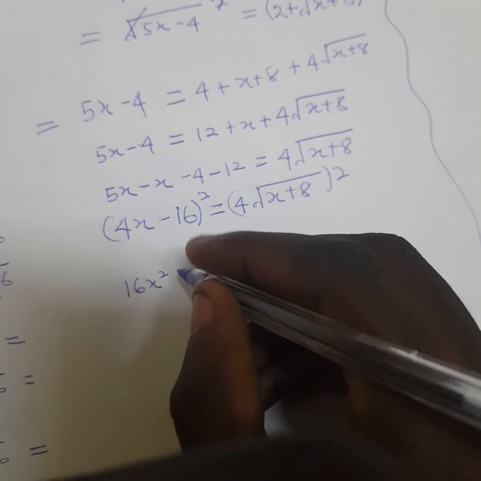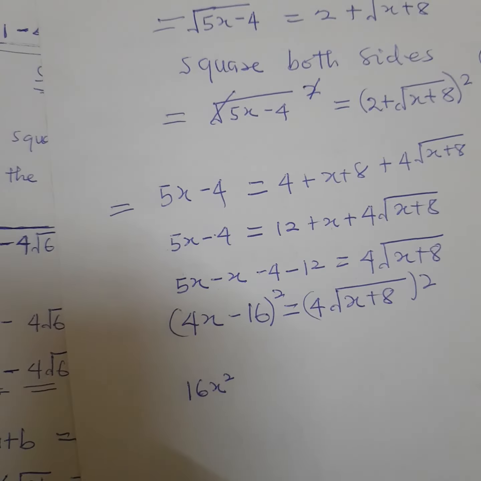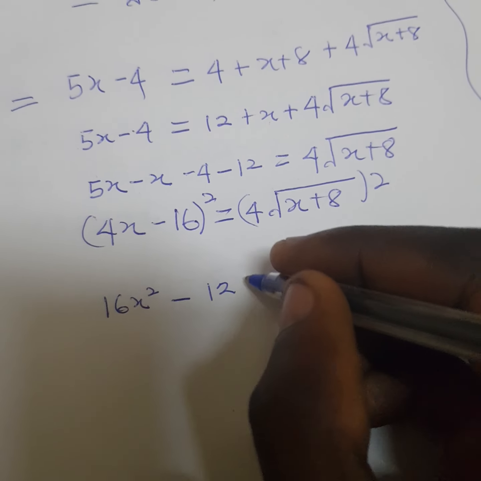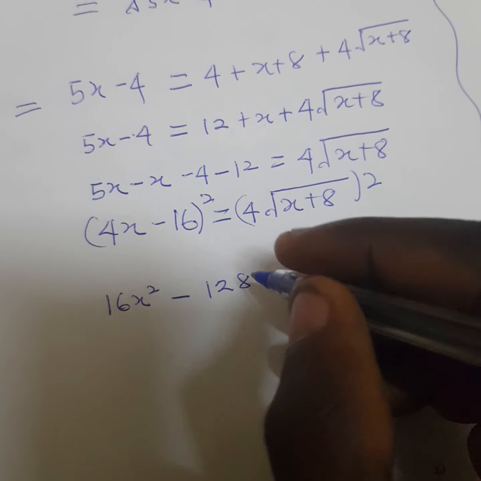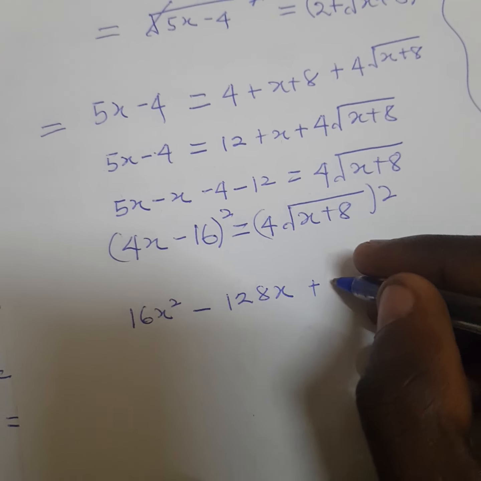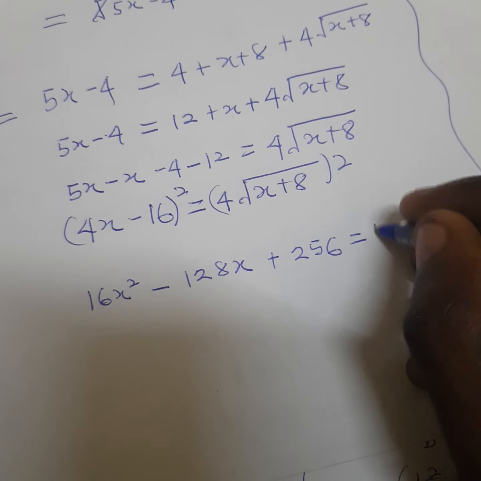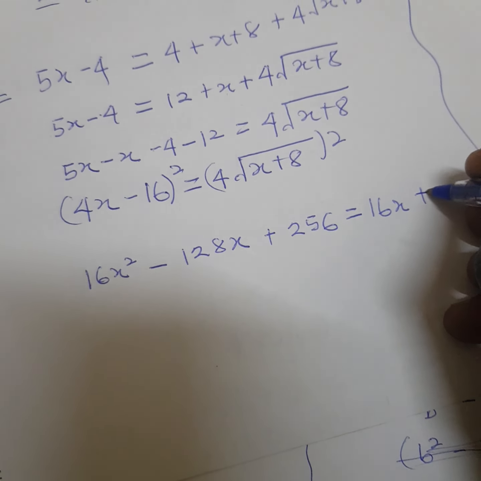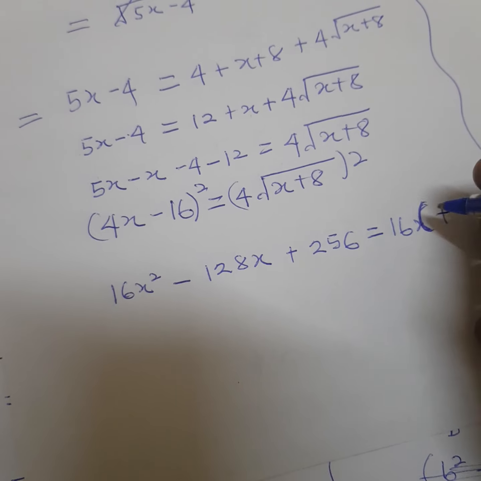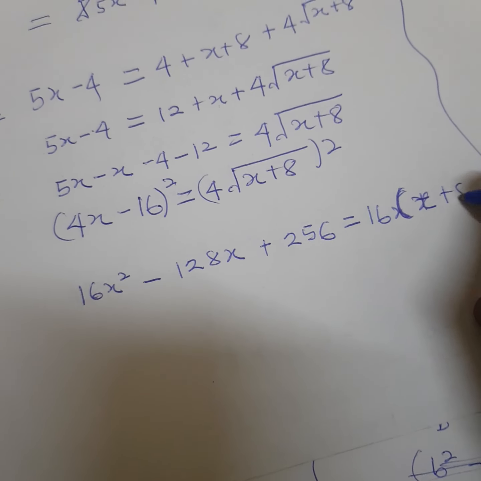16 times x squared minus 128x plus 256 is equal to 16 multiplying x plus 8.